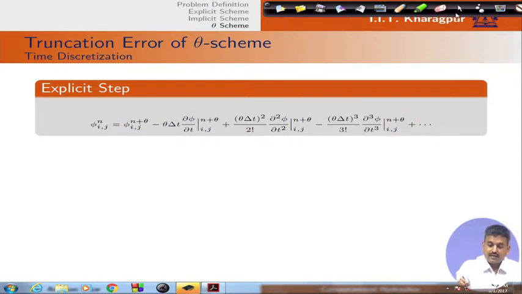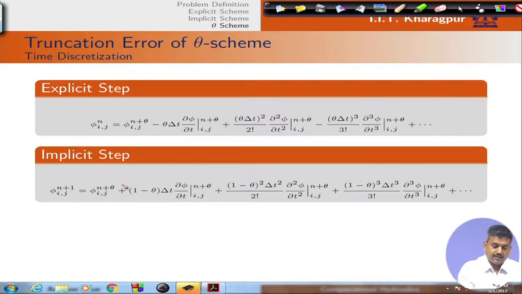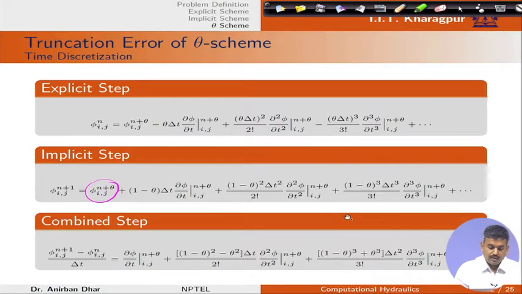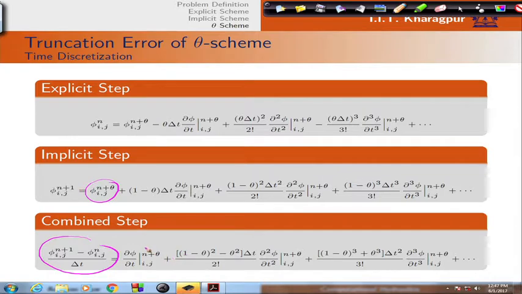Again for implicit step, we can write it for n plus theta, and if we combine these two, we can get the time derivative here, and interestingly this is del phi del t, this is at n plus theta level, and we have this 1 minus theta square term.